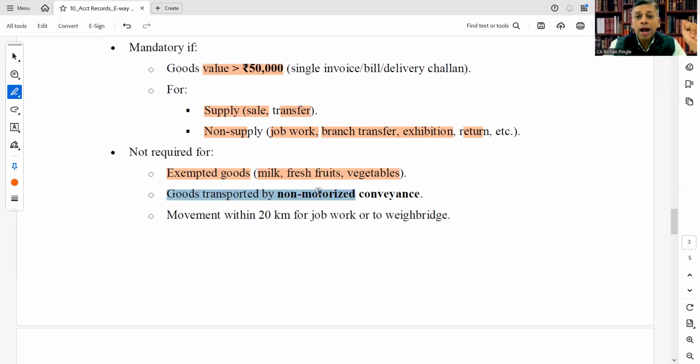Goods transported by non-motorized conveyance, like a cycle or any other mode of transport where no motor is used, also do not need an e-way bill. And movement within 20 kilometers for job work also does not need an e-way bill.